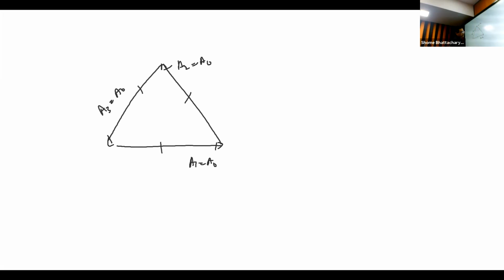That means I want the phase difference between the first and second wave, phi1, to become 2 pi by 3, or 120 degrees. And the phase difference between 1 and 3, phi2, I want to be 4 pi by 3, or 240 degrees.